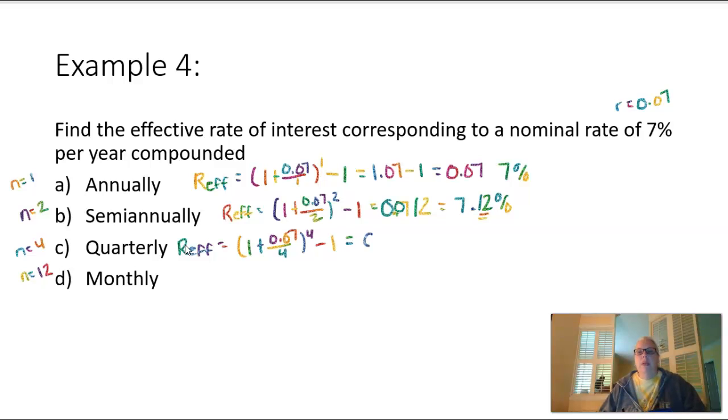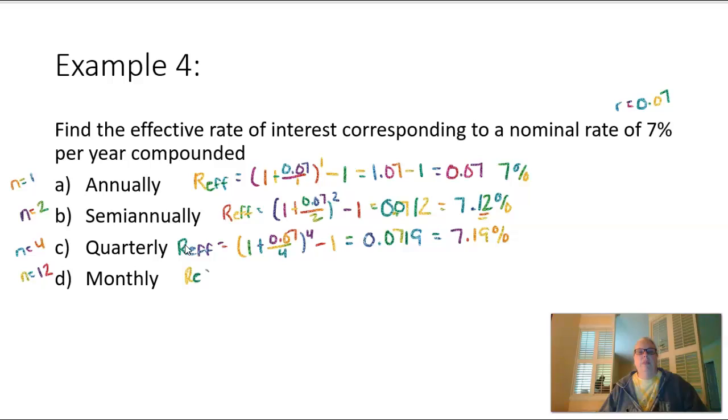And this is giving me 0.719, which is about 7.19% interest. So we've increased it a little bit more. Not quite as much this time, going from semi-annually to quarterly.